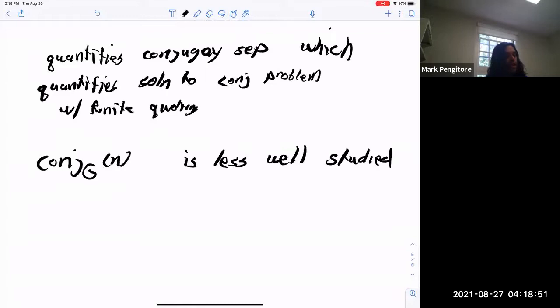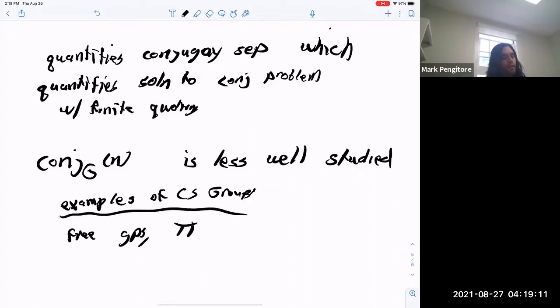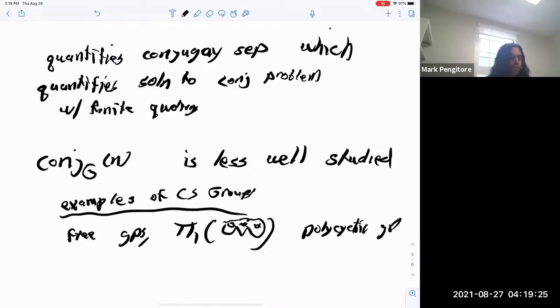Oh yeah, I didn't mention this earlier, but examples of CS groups, or conjugacy separable groups, are, for instance, free groups, surface groups, polycyclic groups, and there's a bunch more.